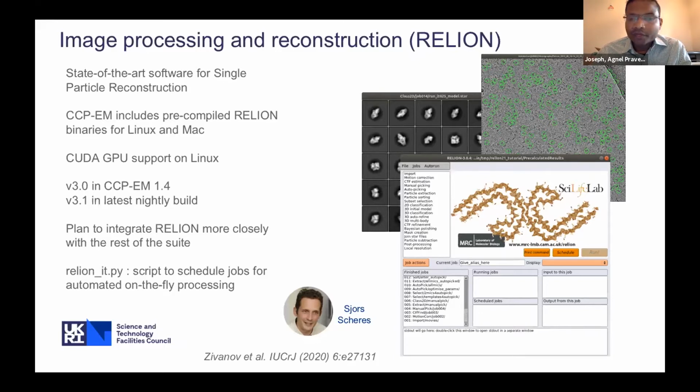And we have the Relion script, which is a wrapper script to schedule jobs for automated on-the-fly processing. You would have heard about this from Yun yesterday, and this is being used at EBIC at the moment. Colin from CCP-EM worked on developing this along with members of Shaw's group and some of the EBIC staff.